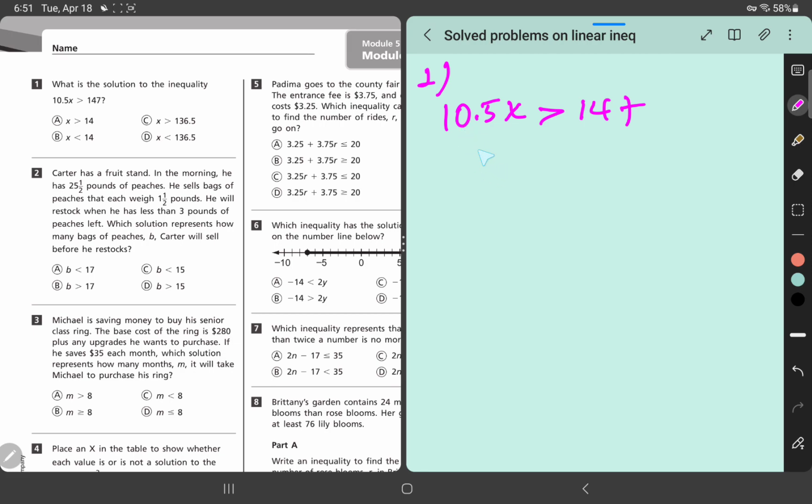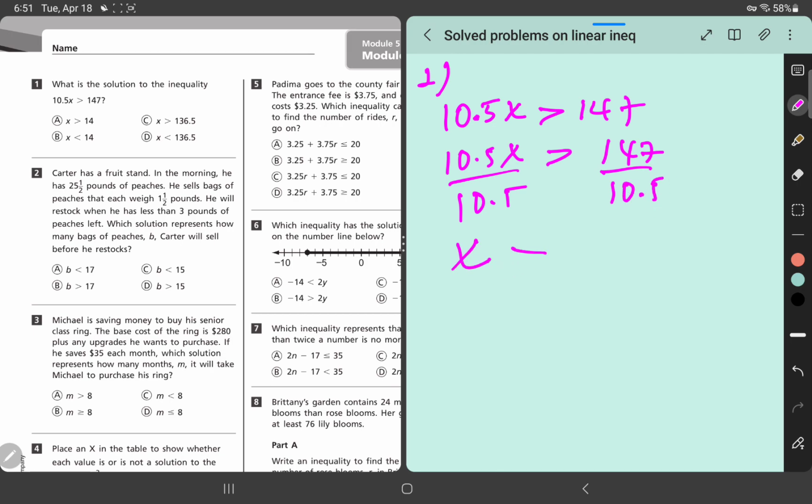To solve this, you multiply both sides by 10 to eliminate the decimal point. You can just write 10.5x greater than 147. First, you divide both sides by 10.5.